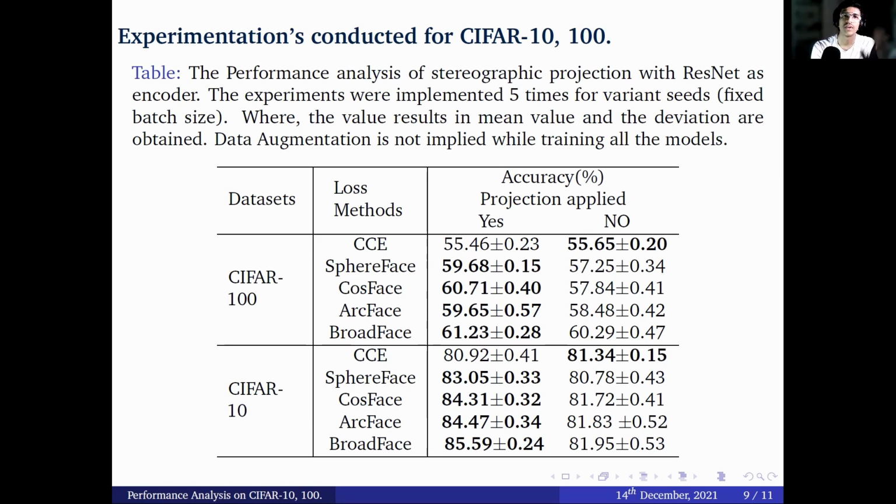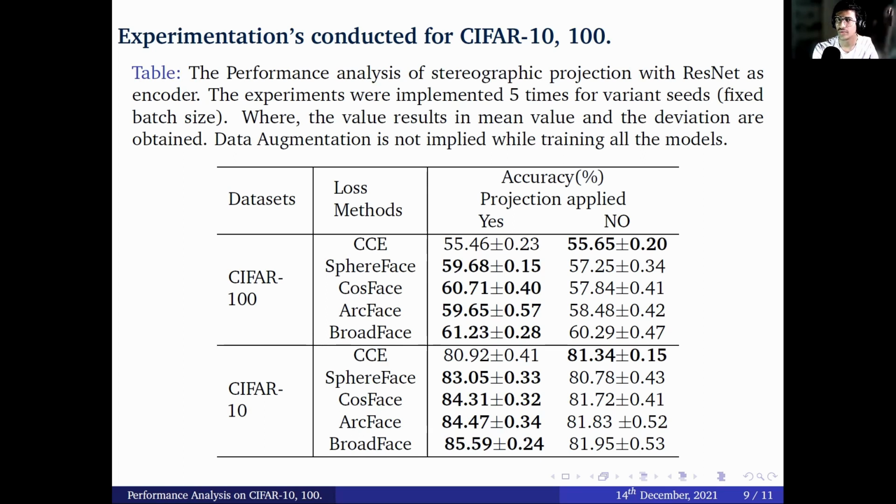So we conducted experimentations on the CIFAR10 and CIFAR100 datasets. The CIFAR100 dataset consists of 50,000 training samples and 10,000 testing samples. CIFAR10 is the same, but the classes differ: here there are 10 classes, and there are 100 classes. For training, we used ResNet as an encoder, a basic standard CNN.